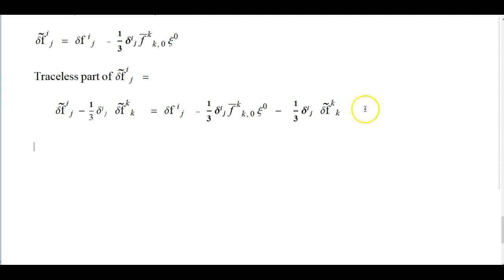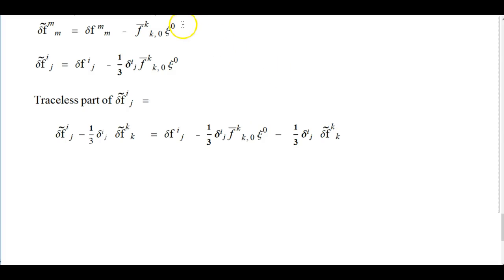Okay, so I get this expression, and I can replace this delta fkk tilde with this one. So I have traceless part of delta phi j, which is delta phi j minus trace part. Trace part is this.